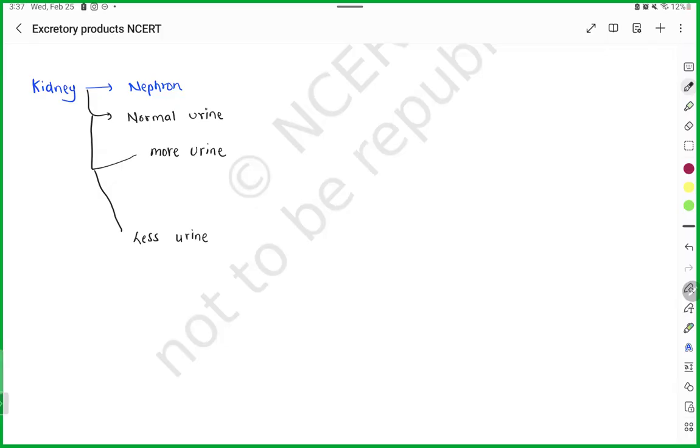If kidney start producing more urine, it means there is loss of fluid. And if kidney start producing less urine, it means we have excessive fluid inside the body.